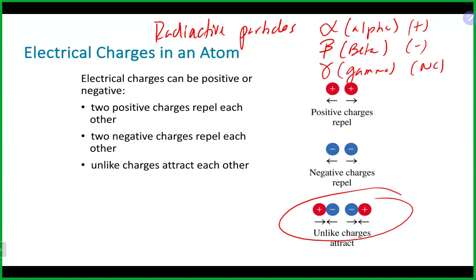And in a lot of these experiments that were done to understand the atom, these scientists used these different particles and the idea of opposites attract to help them take advantage of exploring particles that do have charges. Other things that were sometimes deployed in these type of experiments were things like electrical fields, right?